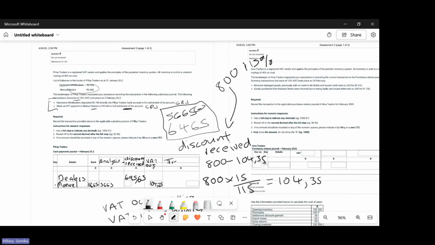And then the last part will be your trade payables, and you record the 5665. Do you all understand?